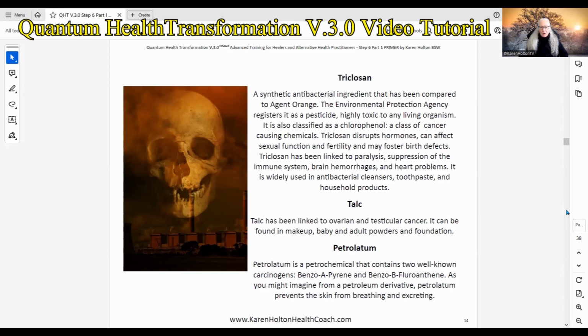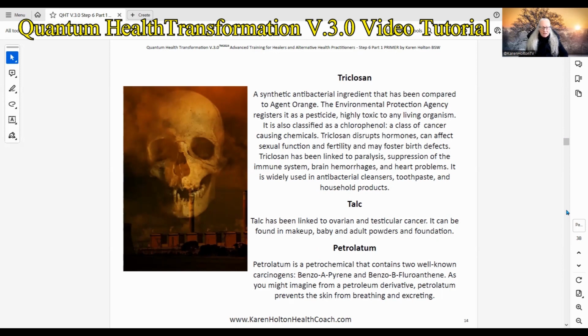Triclosan disrupts hormones, can affect sexual function and fertility, and may foster birth defects. Triclosan has been linked to paralysis, suppression of the immune system, brain hemorrhages, and heart problems. It is widely used in antibacterial cleansers, toothpaste, and household products.